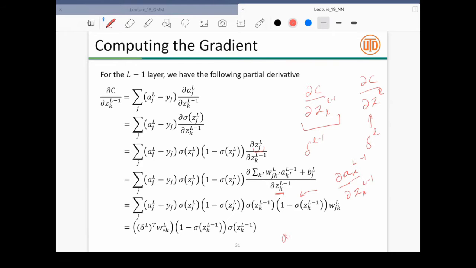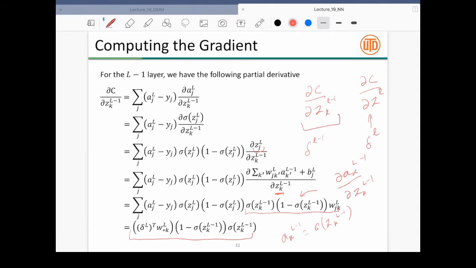And we know that a_k^(L-1) is nothing but sigmoid of z_k^(L-1), right? So this basically gives back this expression, and then if you substitute back, you get this as the gradient. So it's sigmoid multiplied by 1 minus sigmoid multiplied by w_jk^L. So this expression, right?